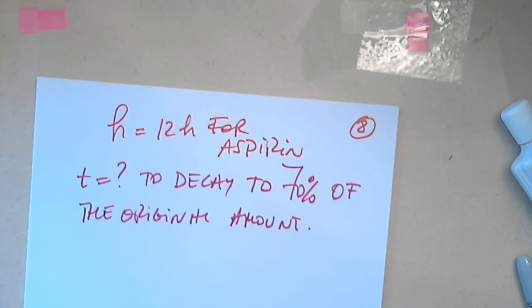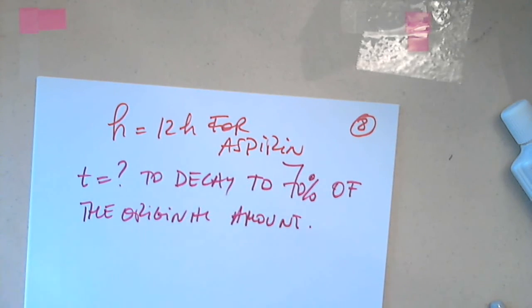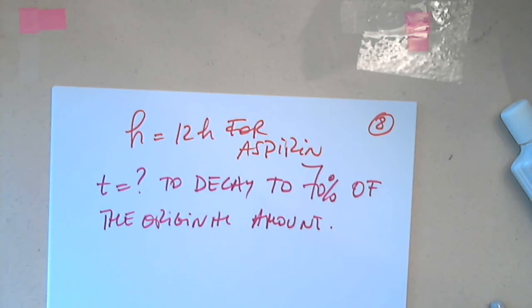Okay, so it doesn't give us anything else. Let me put something in there. We don't know, I can't tell you how much I took. I took an amount, let's say that is A0, unknown.